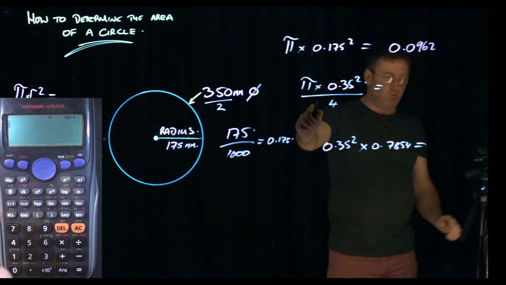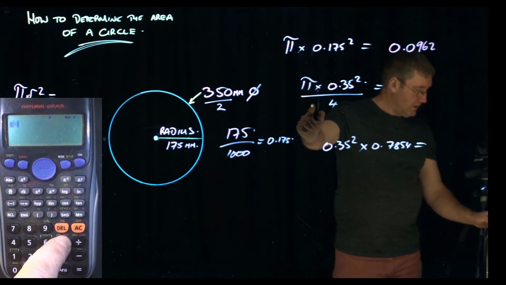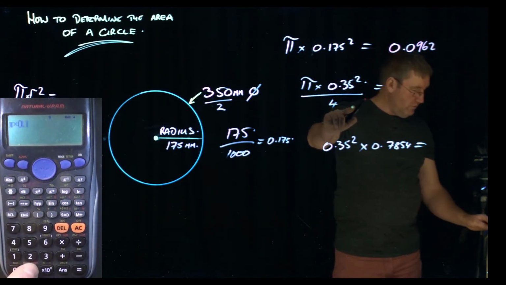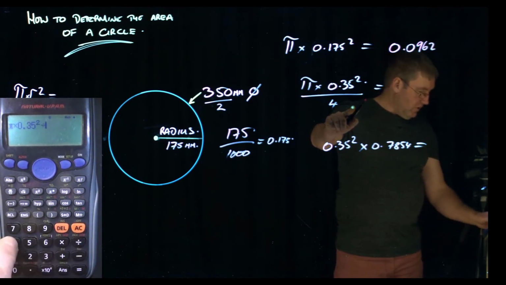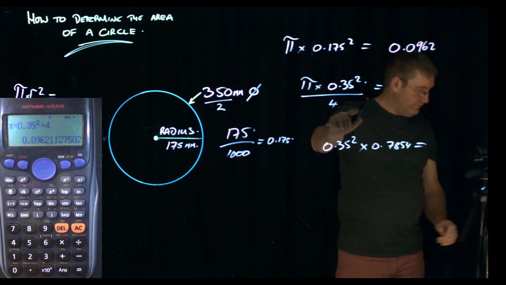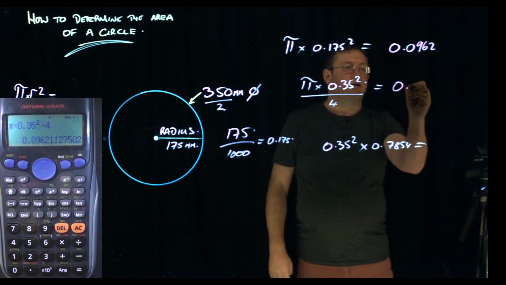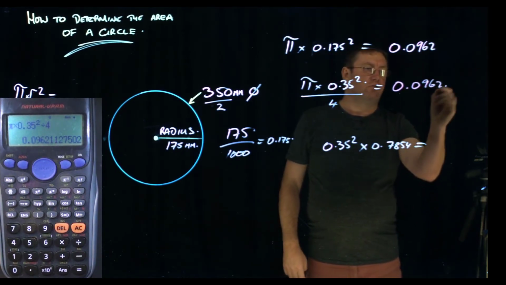If we use the second one, we've got pi times 0.35 squared, and then divide that by 4. Same figure on the screen, 0.0962.